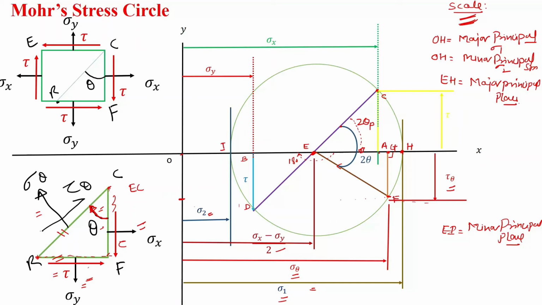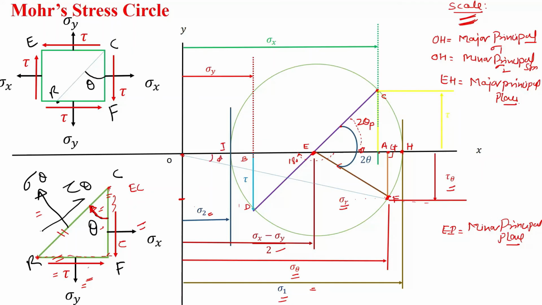So we identified both principal planes using this Mohr circle. Again, if we want to find out the value of the resultant stress at the inclined plane, which is inclined at theta degrees in this stress element, EF is our inclined plane, and OF will give us the resultant sigma r value. This angle is phi.